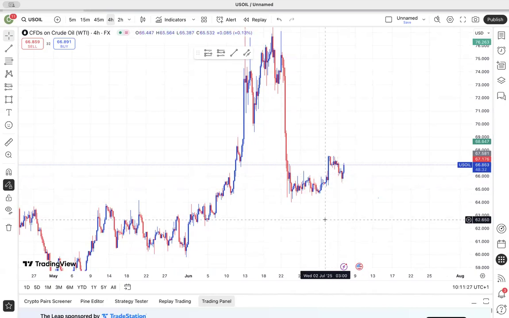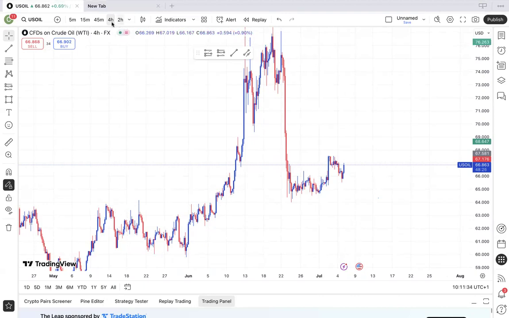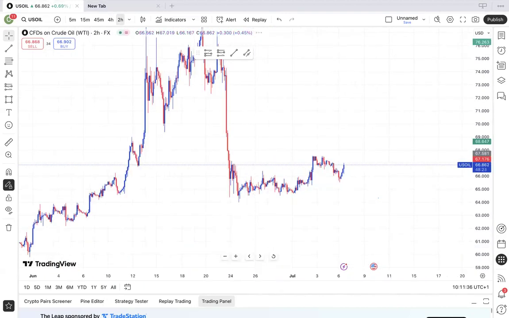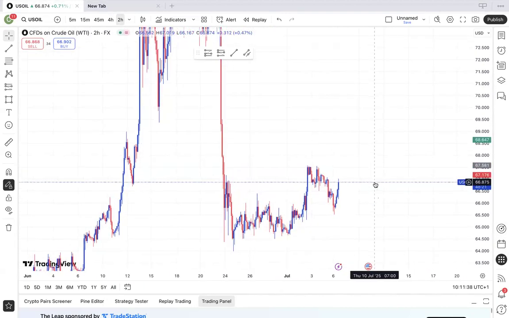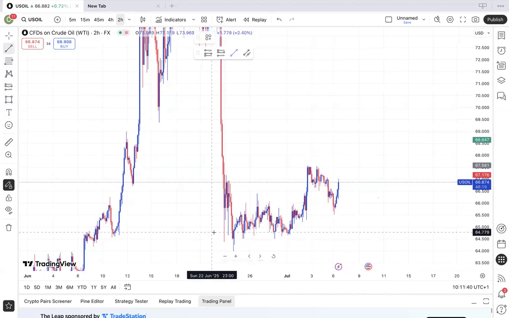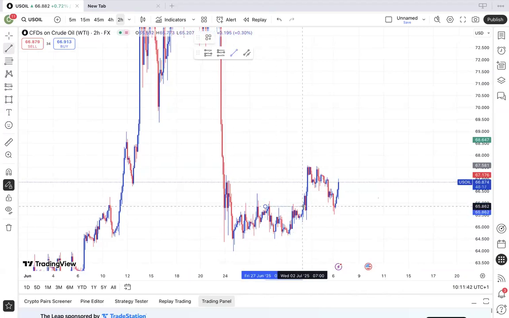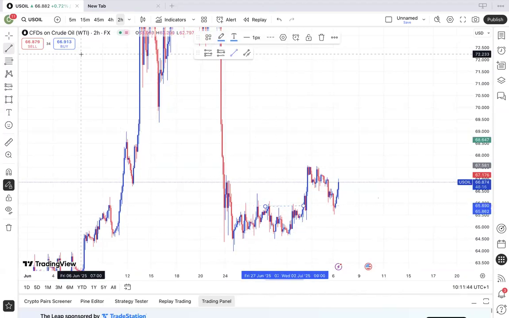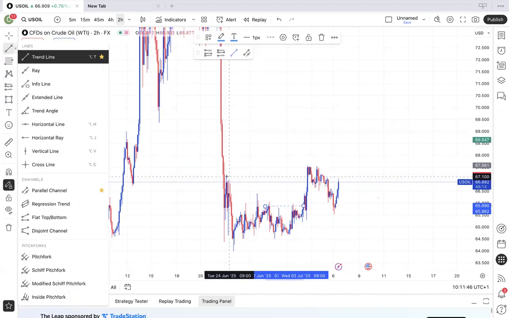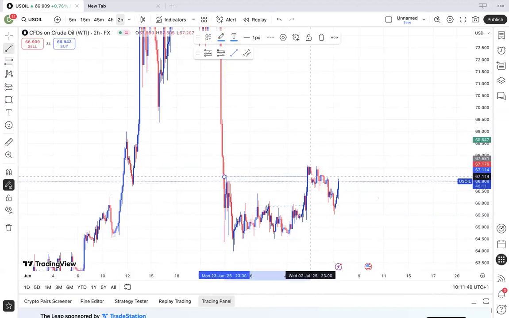But for me, what I'm seeing right now is that we're going to have to come down to a smaller time frame, like 2 hour. On the 2 hour time frame, you'd realize that market created firstly a break of structure here, and then it also created another break of structure here, right?